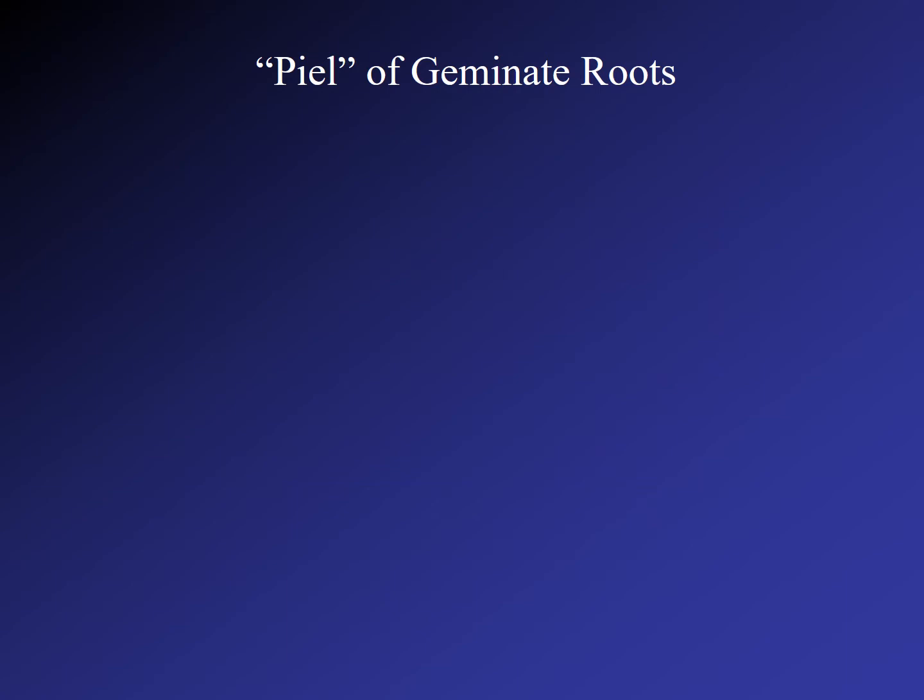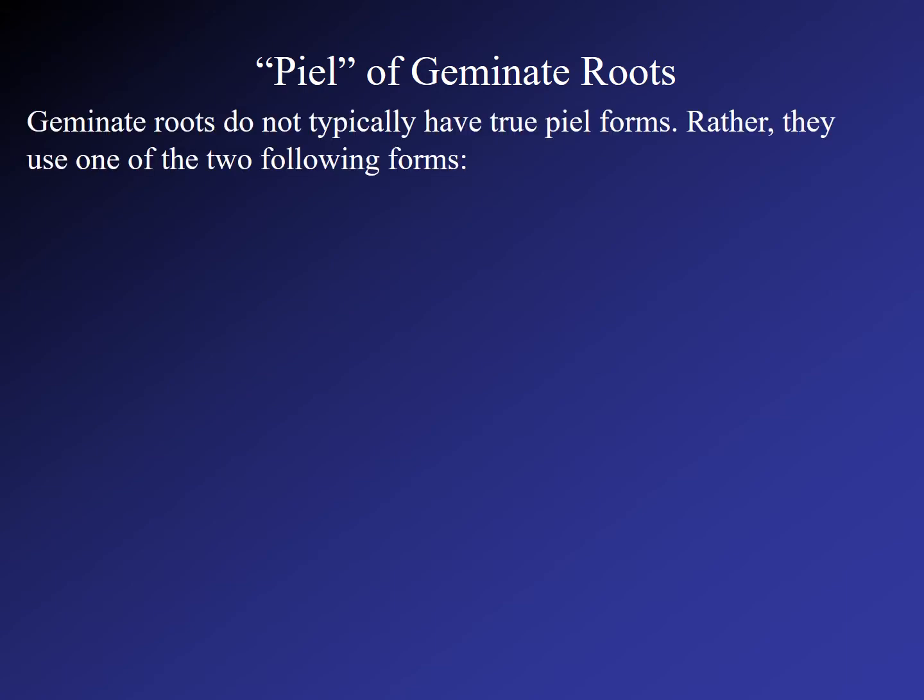We can also look at geminates in the equivalent of the PL, although geminate roots do not have PL forms. Instead, they use one of two alternates, which we've encountered in our readings. The polale, which looks like this, sovave, polale, sovave, or in the prefix yesovave. Notice that the polale affix sovave looks exactly like the cal participle.